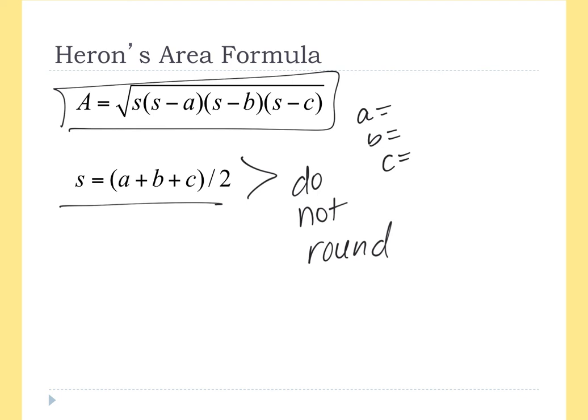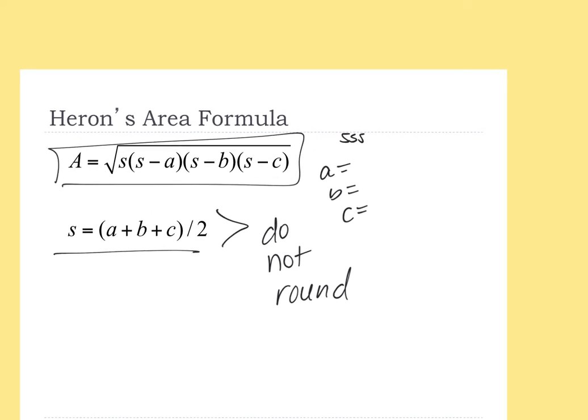A plus B plus C divided by 2. Then you plug it into the formula. And then when do you use the other one? This is side, side, side, right? And then area of oblique is side, angle, side. What about angle side side? You'd have to find other pieces of information.